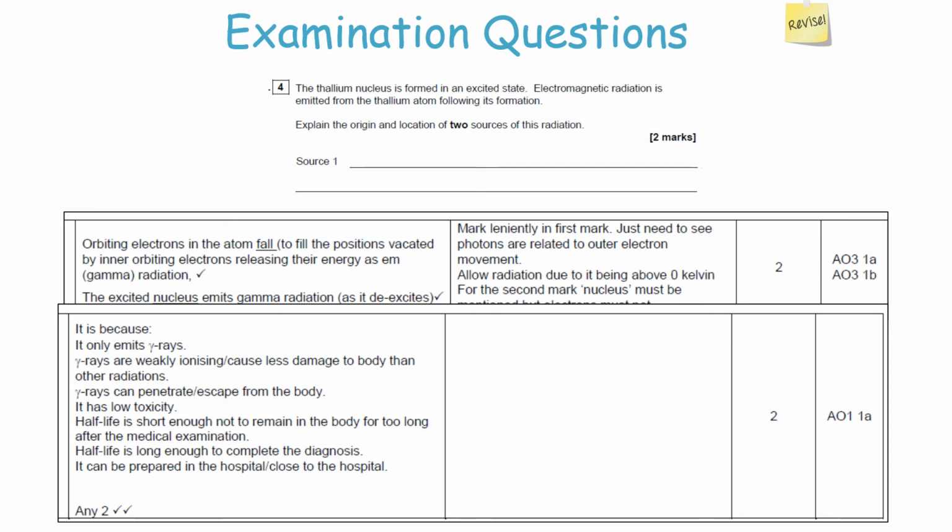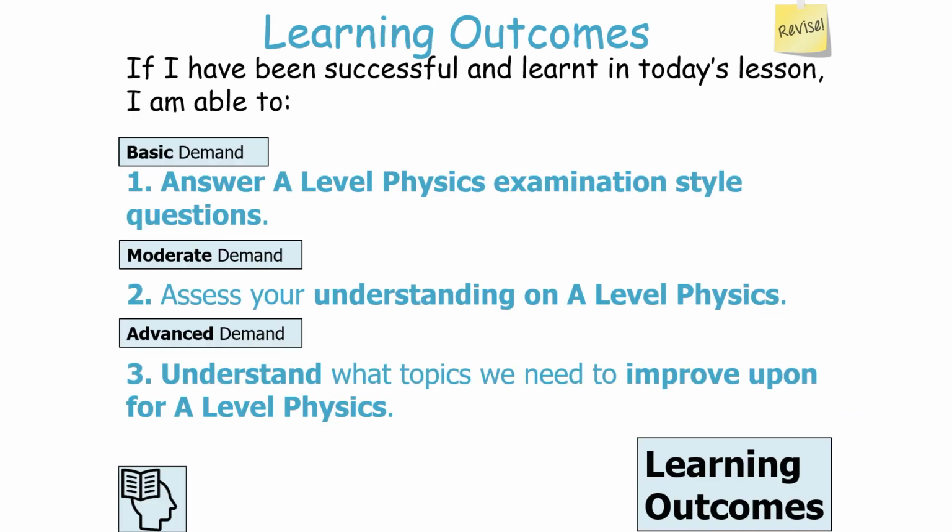The other thing you've always got to be aware of is that the source, technetium, has a low toxicity, and the half-life is short enough not to remain in the body for too long after the medical examination. So it's long enough to complete the diagnosis, but it isn't going to stay in there long enough to cause unnecessary harm. And finally, it can be prepared in the hospital or close to the hospital, because the samples are very easy to handle.